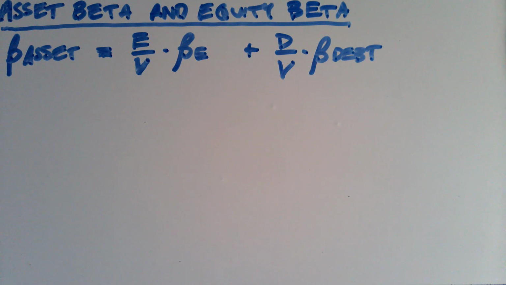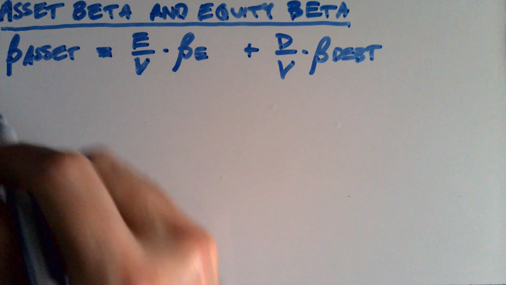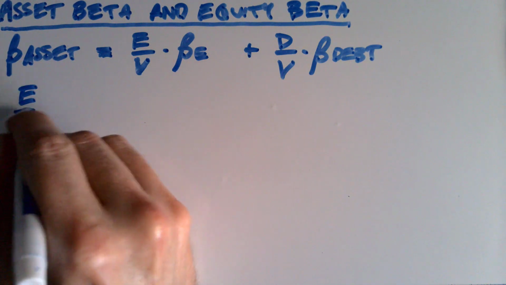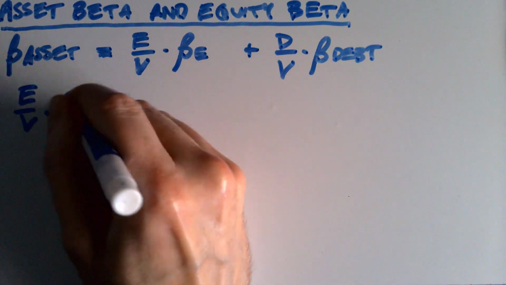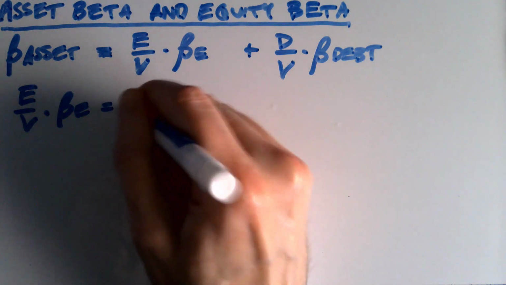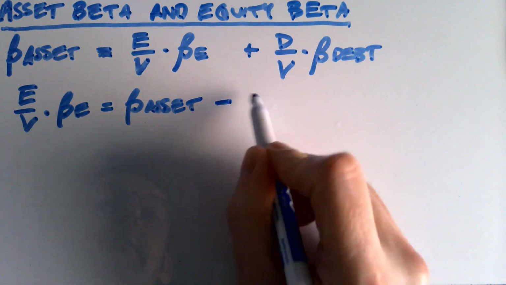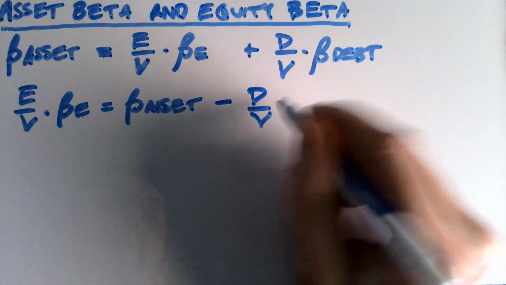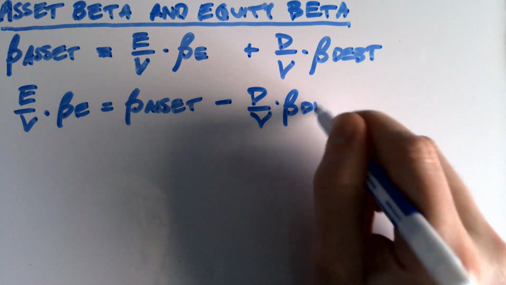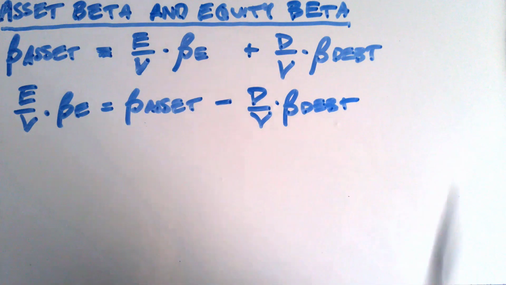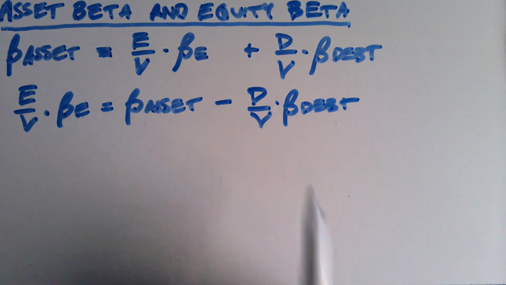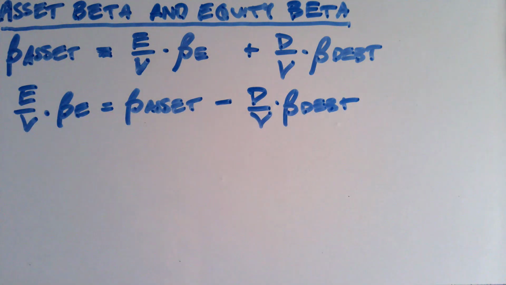Let's start by solving for the beta of the equity, which is the one that we hear the most about. As is my usual practice, I will flip these things. And all I've really done is subtract D over V times the beta of debt from both sides.